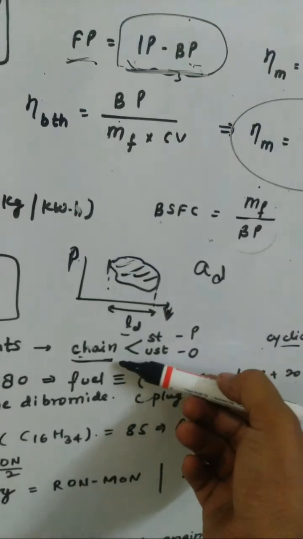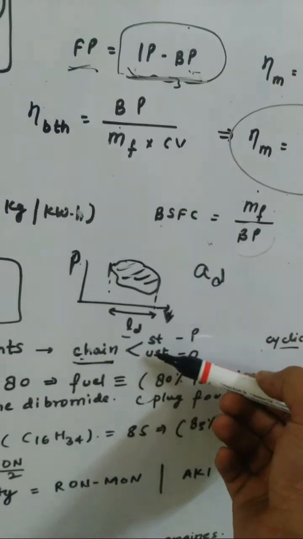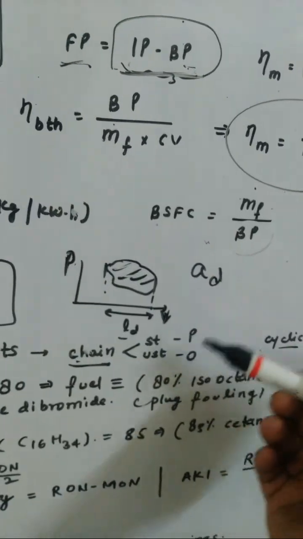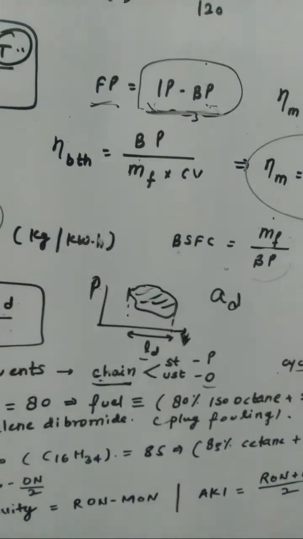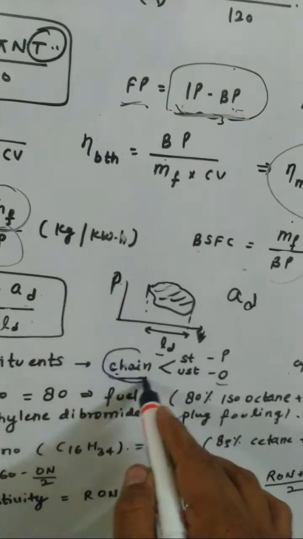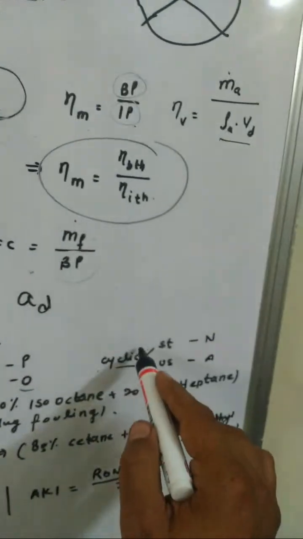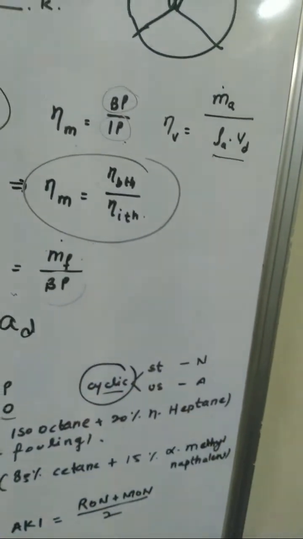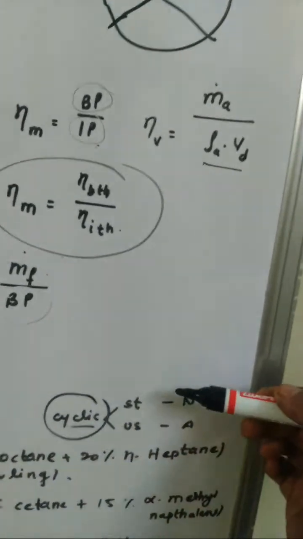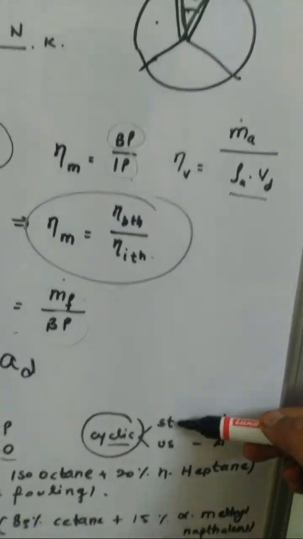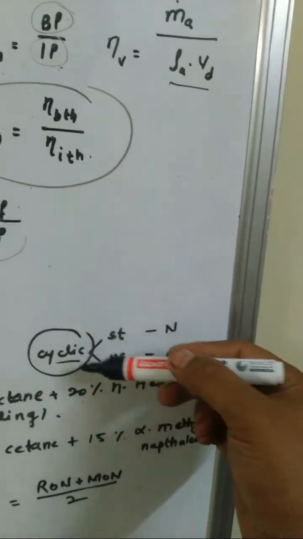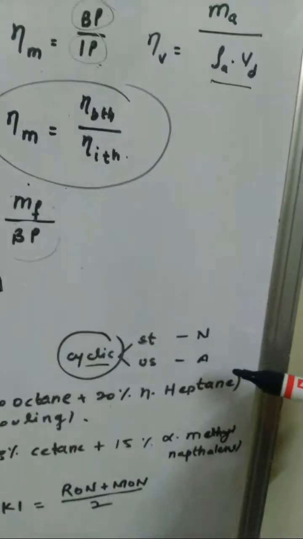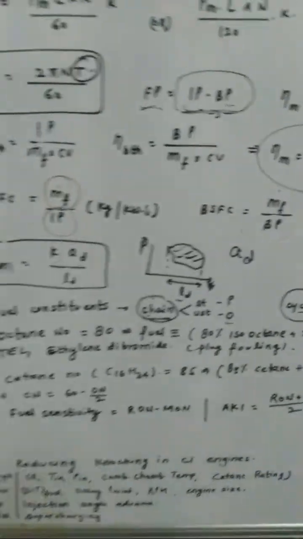If the single straight chain is unsaturated hydrocarbon, then these fuels are olefins. But if these fuels are not in chain form, these are cyclic. Cyclic can also be saturated or unsaturated. If cyclic and saturated, these are naphthalenes, and cyclic and unsaturated, these are aromatics. So this is just information.